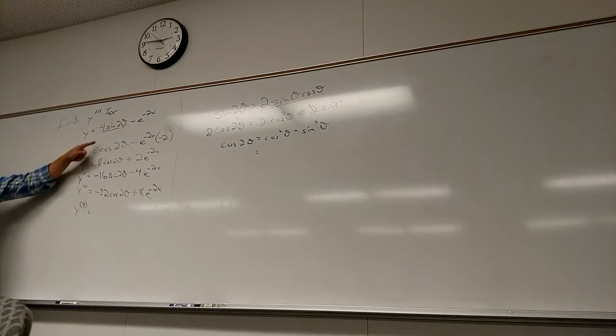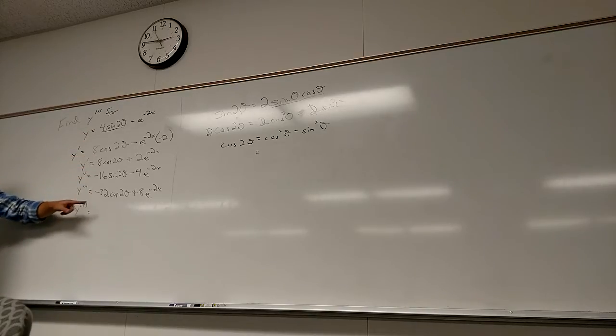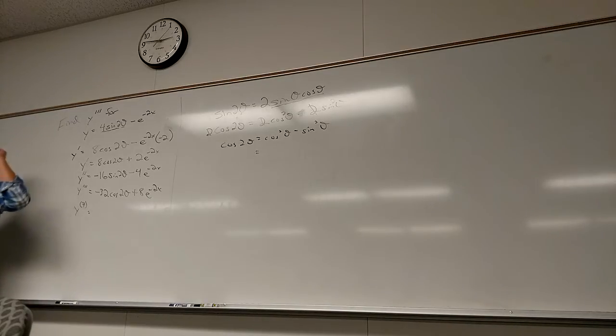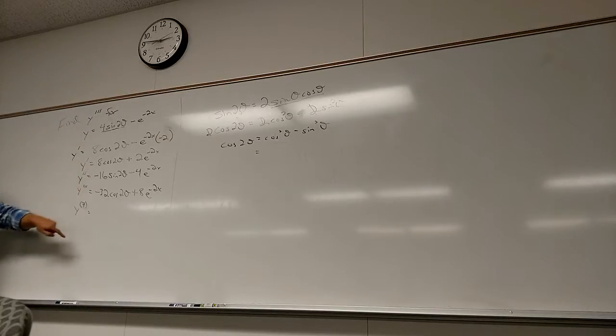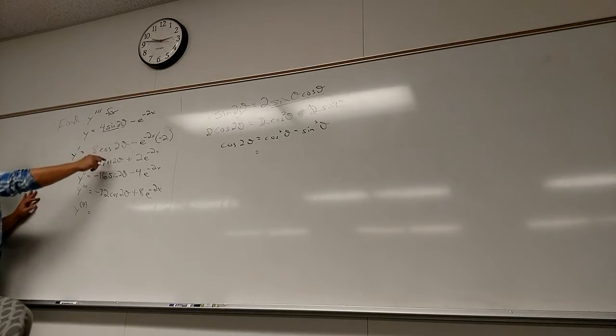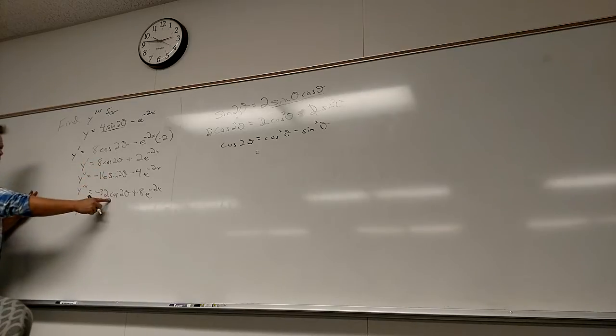Look: 4, 8, 16, 32. How many more times do I have to double it? 4th, 5th, 6th, 7th. Four more times, right? You can start to see the patterns. You see how it's sine, cosine, negative sine, negative cosine, right?